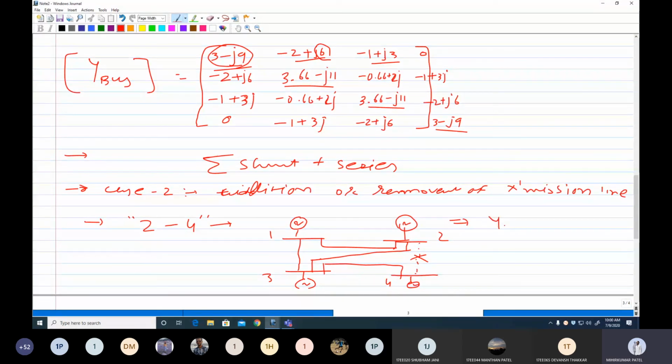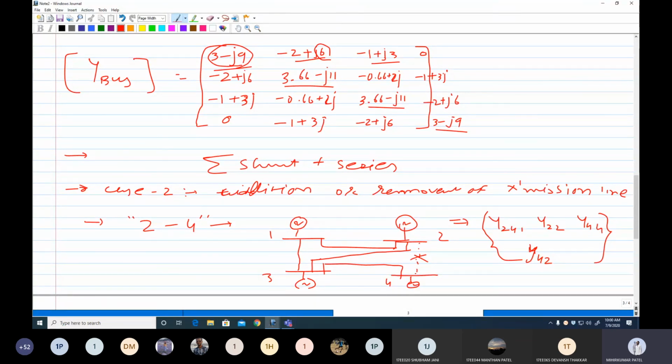So the first one is, yes, Y24. Very good. Then Y22, very good. Then Y42, yes, very nice. Then Y44. So these 4 elements are affected.